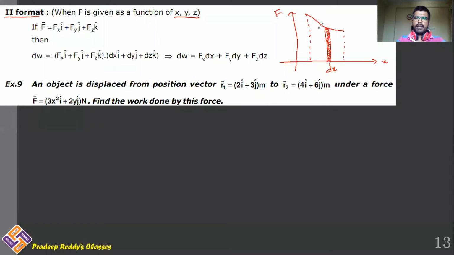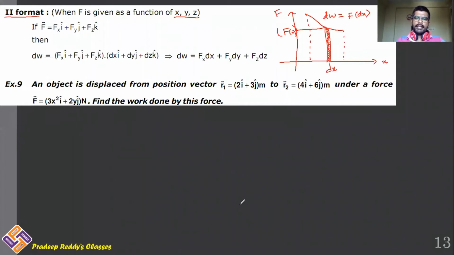For this very small element, force is treated as constant, because along the x-axis you see only one value, and along the y-axis you see f of x, which is a constant value for this dx. Therefore, I write dW is equal to f of x into dx.